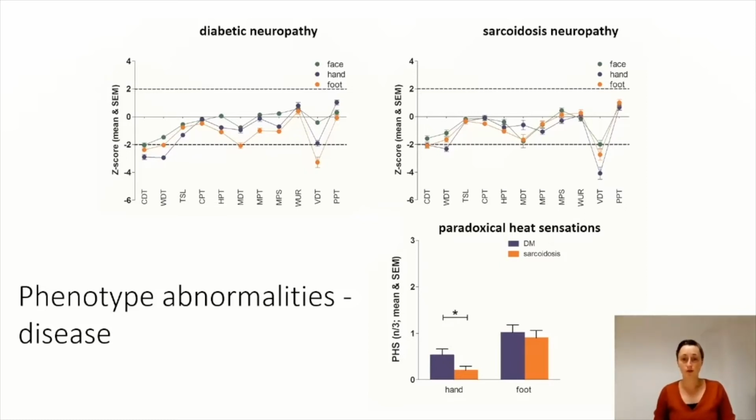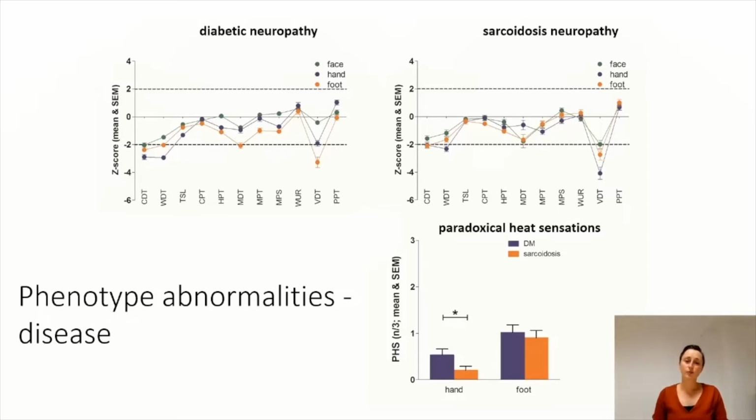The lower graph shows you the amount of paradoxical heat sensations that are being felt by these patients. Blue are the diabetes patients, and in orange the sarcoidosis patients. Just to give you an indication, on the foot there is an equal number of patients that experience paradoxical heat sensation if you compare diabetes to sarcoidosis patients.